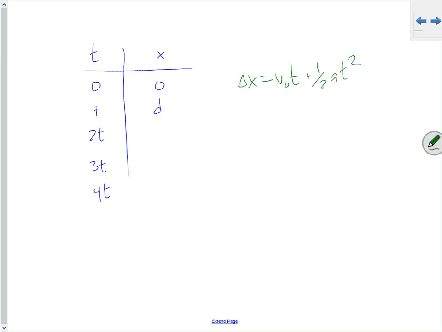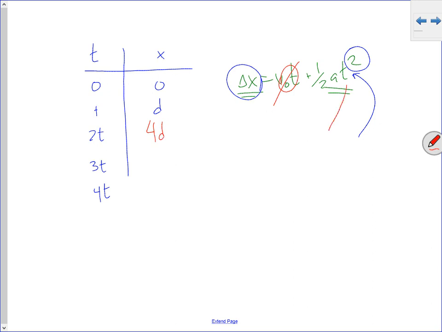And there's that relationship. Let's make an assumption that our object starts at rest. And this is the quadratic relationship between change in position and time. So if we double the amount of time that something moves for, we don't double how far it moves. We double it squared, so it goes 4 times as far.